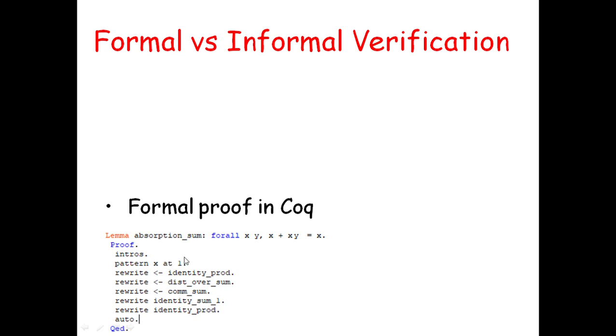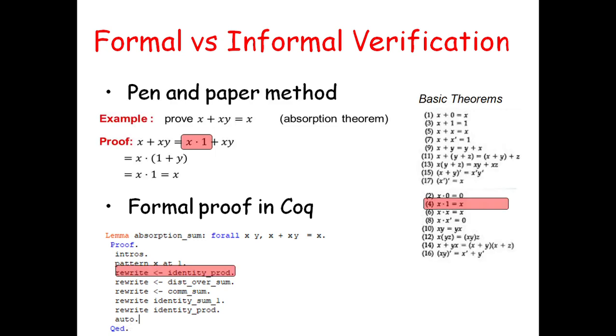I will skip these two tactics. Here we have 4 tactics that refer to the 4 postulates or 4 theorems of the Boolean algebra. Just to compare this formal proof with the informal one, at this stage we apply the identity product.